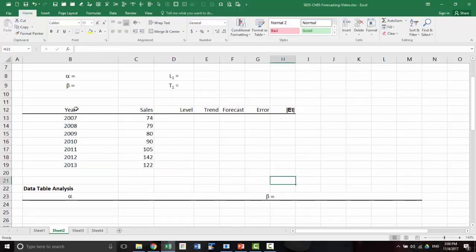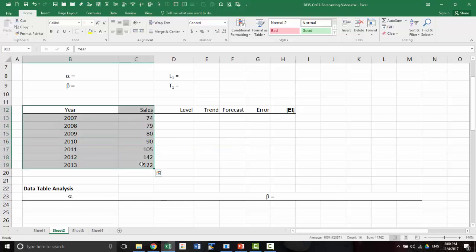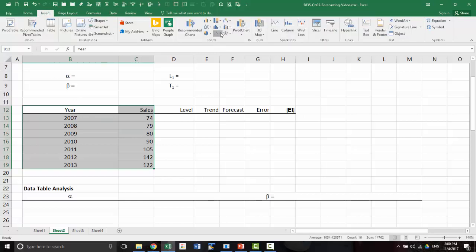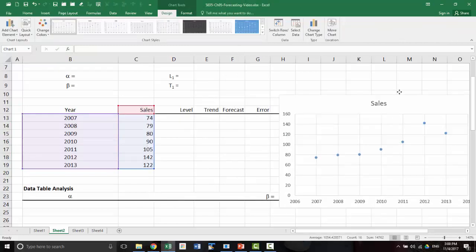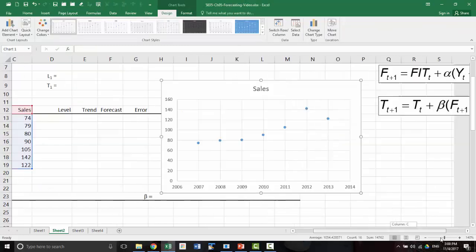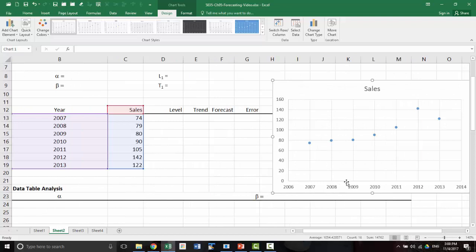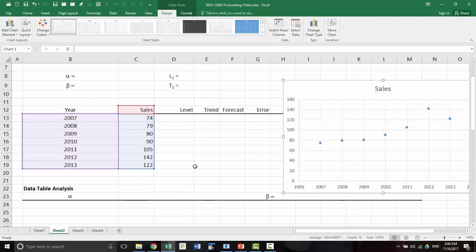Let's go ahead and plot this data. Usually, before you start working on the model, you should really look at the graph and see what the time series looks like. And you can see the trend here.